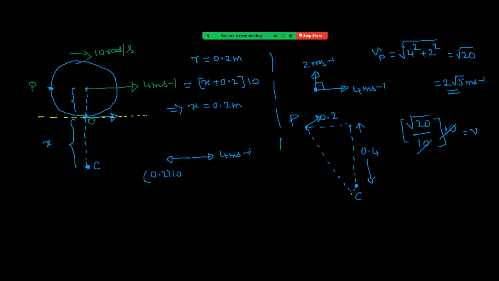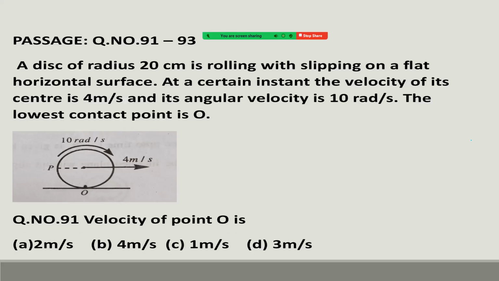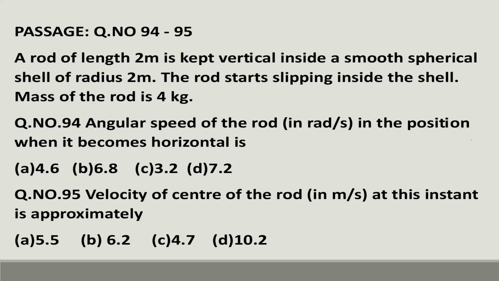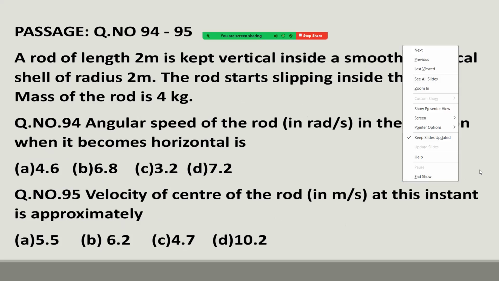Then velocity equals this distance into omega. Omega same, 10 only. So I hope you got clarity. Let us go for next question. So answer is 2 root 5, right? Option B.